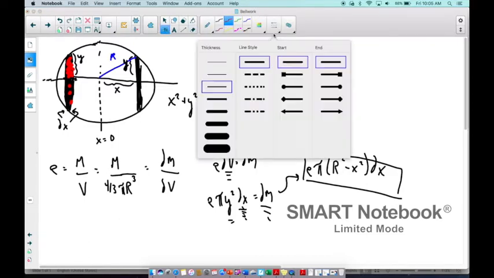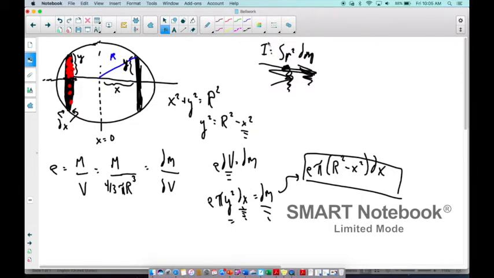Instead of looking at this using the classic definition of I, what I can do instead is say that my I value for the entire object is going to be the integral of the I value for each little object. Let me say that one more time. The simplest way of doing a big extended object, the first thing we're always going to do after we define the axis of rotation is try to think about what my little dm piece is.